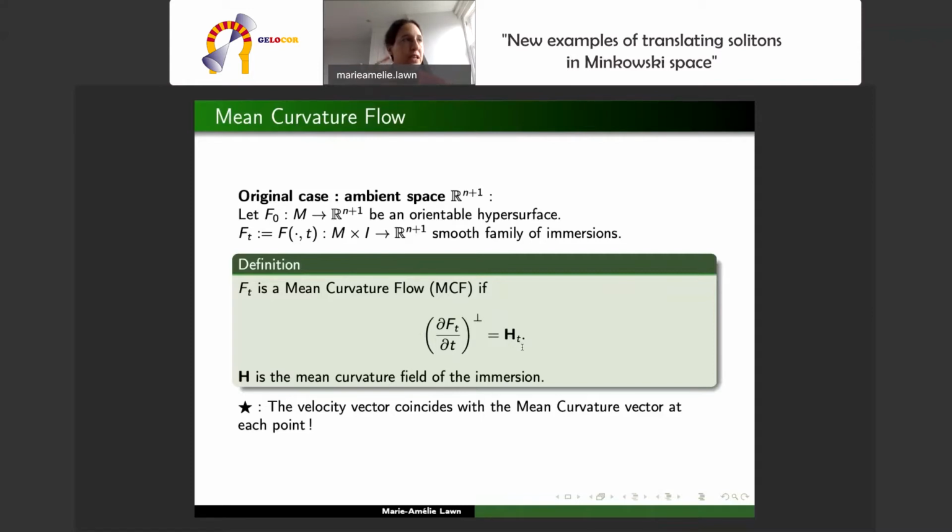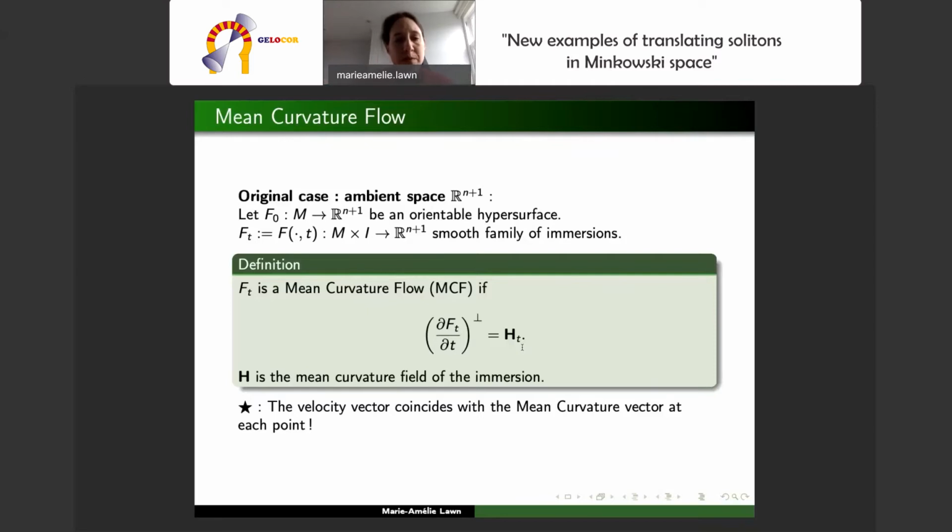Intuitively, in the case of curves, this flow is also called the curve shortening flow. Why? Because if we imagine a closed curve in R2 and deform it with the mean curvature flow, what we're going to have is a convex curve, which in finite time converges first to a round circle, and then to a point.